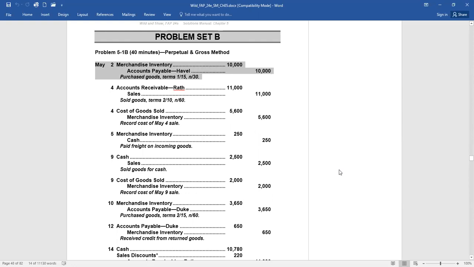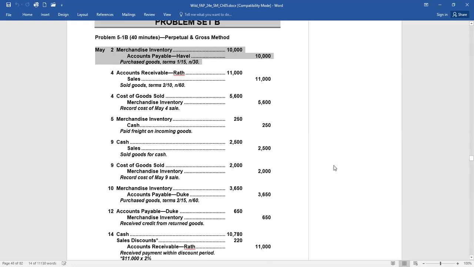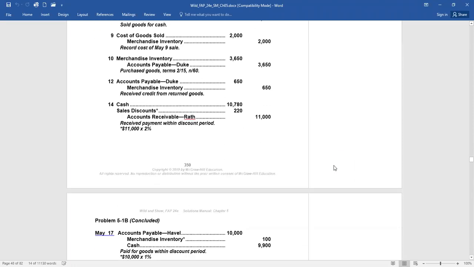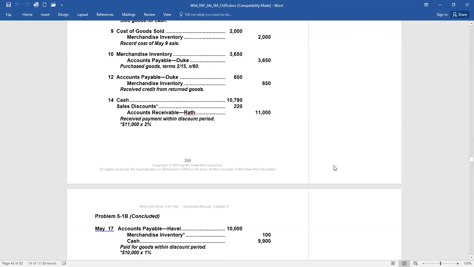So now when it's IKEA taking the discount, it's a purchase discount. So we debit accounts payable for the full $10,000 because it's IKEA paying off a liability. The full $10,000. Debit it, decrease it. Credit cash for the actual amount they are going to pay, $9,900, $10,000 minus $100.